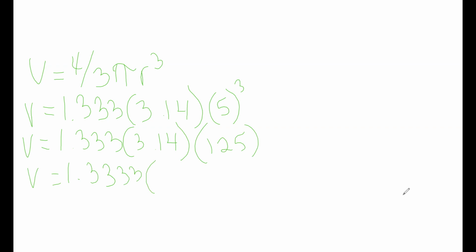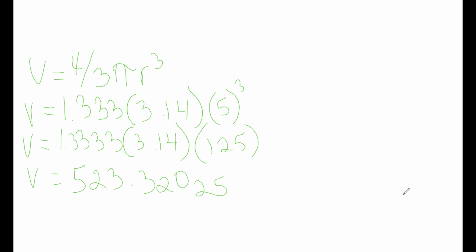So I think I actually did 0.3333 times, well, let me erase that one. 3.14 times 125. Let me just put it here. So mine came out to be 523.32025.